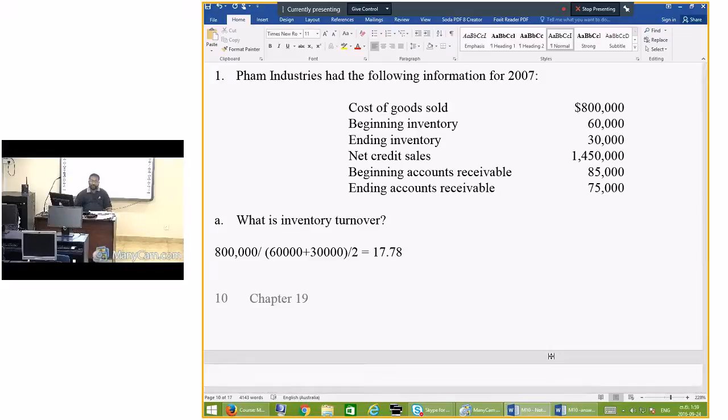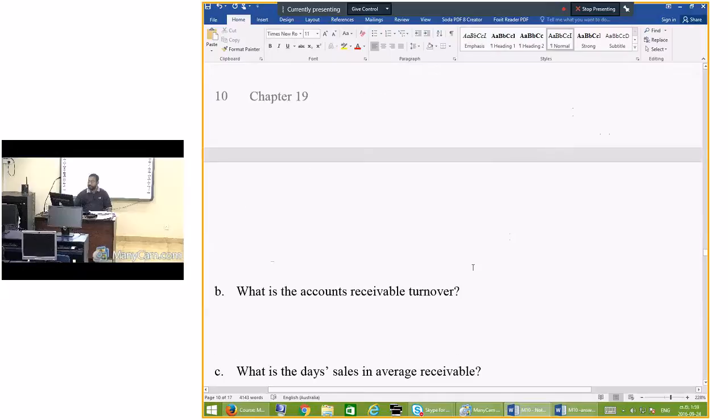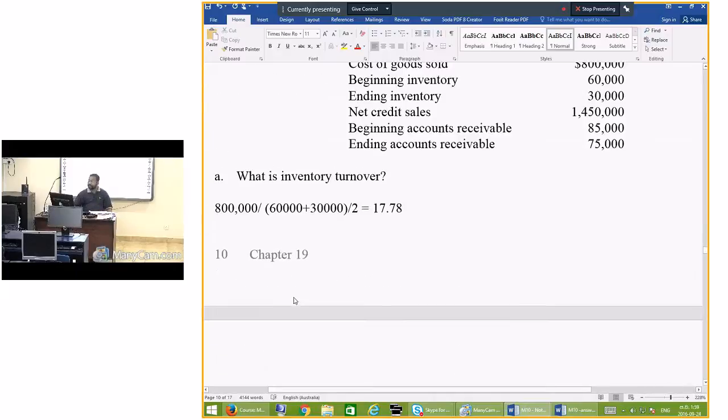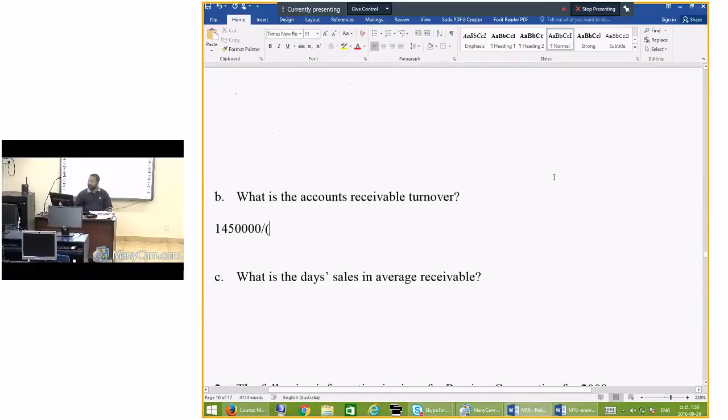Account receivable is based on credit sales of 1,450,000 divided by average debtors. The beginning account receivable is 85,000 and ending 75,000.